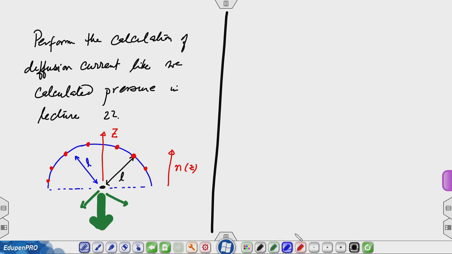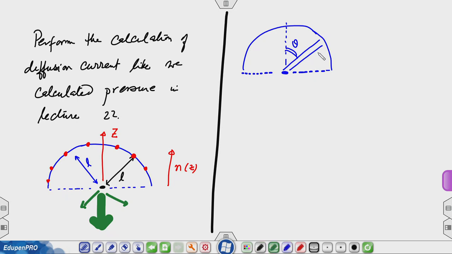So in this semicircle, or hemisphere, here is this point, and here is the hemisphere. Consider the direction from vertical to be theta. And this is where we'll take the particles coming in from and form a current here.